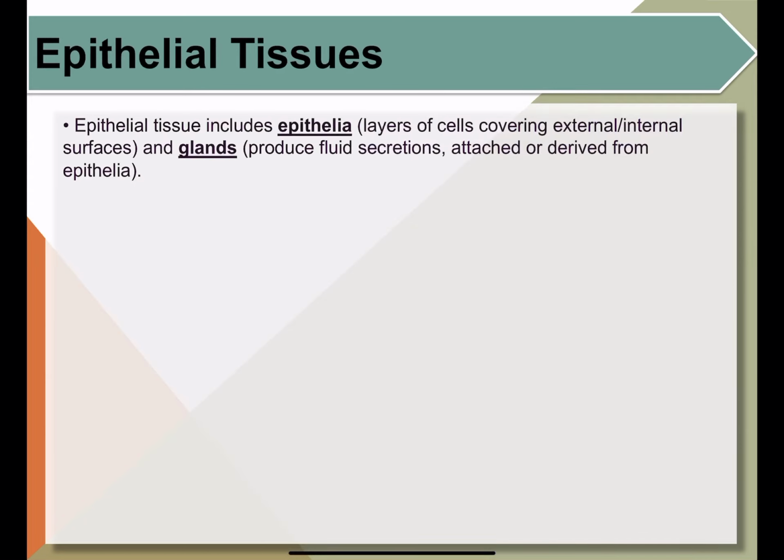Okay? So let's start by talking about the epithelial tissue, the very first type of tissue we have in the body. The epithelial tissue contains, of course, the epithelial layer, which are cells that cover your external surfaces, like your skin, for example, or internal surfaces, like the interior wall of your airway, your stomach, your intestine, etc. Now, the epithelial layer may associate with glands that produce secretions that are either attached to or derived from the epithelia itself.